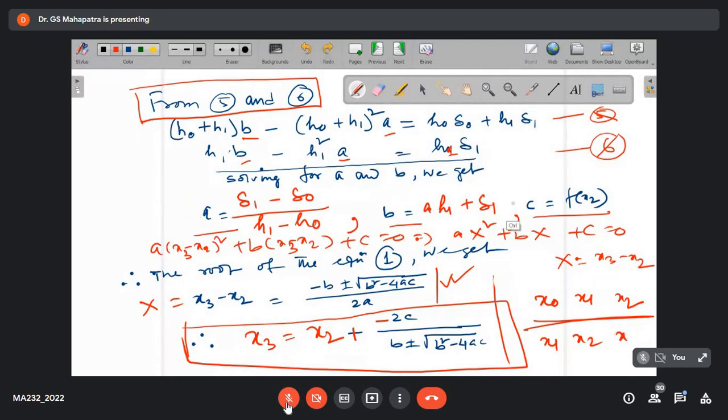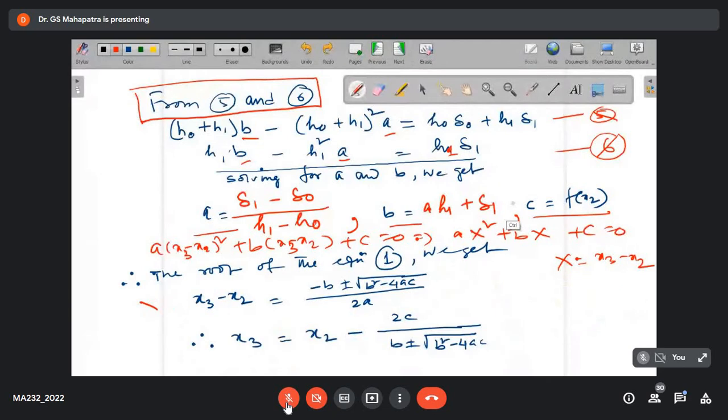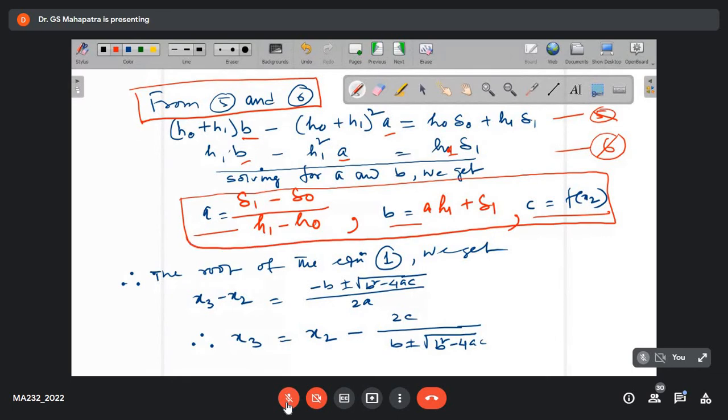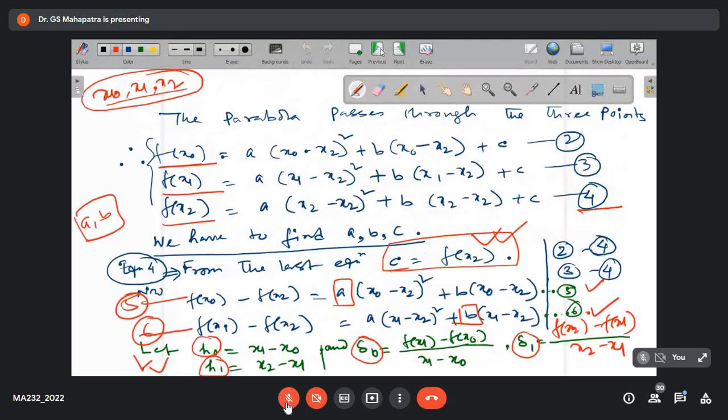So I will erase everything once again and go back to the original form. These are the important parts, x3, and you already have the other previous one, this part.